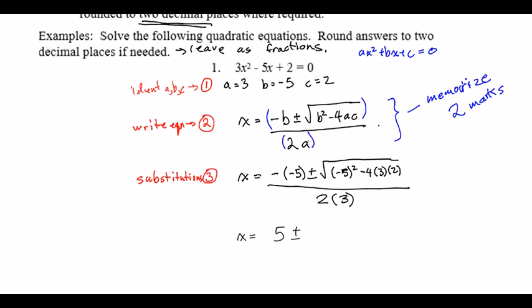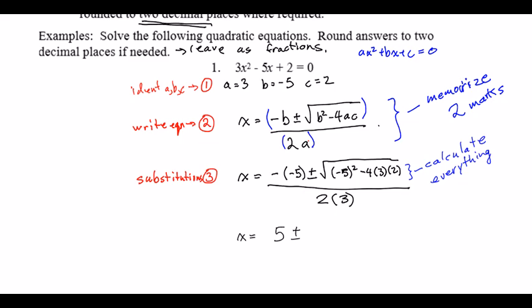So you'll see, for the minus 5, it turns into a plus 5, so I just put 5. And then we continue with plus minus, and then what I want you to do is calculate everything underneath the square root sign and give me the final answer.